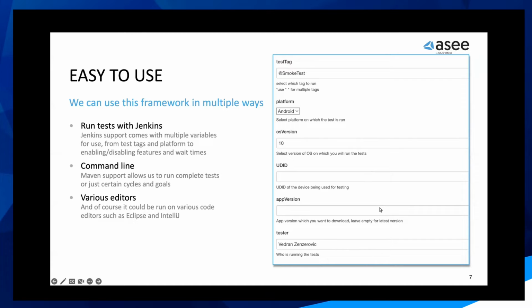We also have a lot of other variables to, for example, turn on the automatic Jira ticket reporting, turn on and off downloading of the application, and turn on downloading the translations and text, so we can use them in our framework.